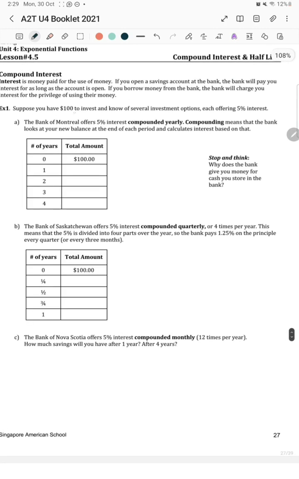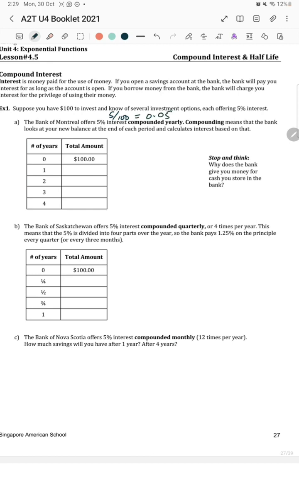So suppose you have $100 to invest and know several investment options, each offering 5% interest. The Bank of Montreal offers 5% interest compounded yearly. Compounded means that the bank looks at your new balance at the end of each period and calculates interest based on that. So the interest is 5%, and 5% means 5 by 100, which is equal to 0.05.